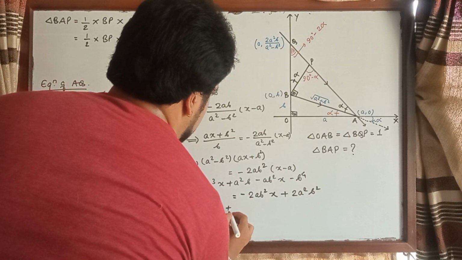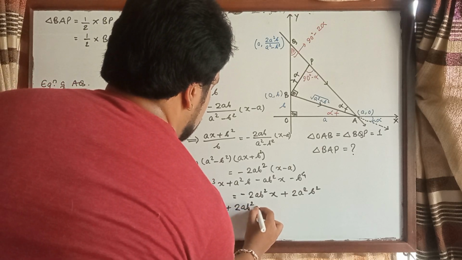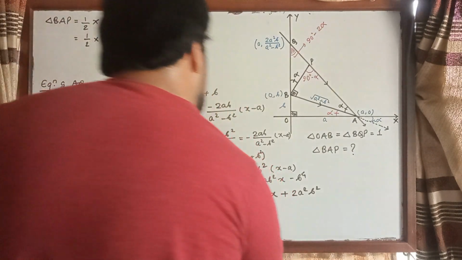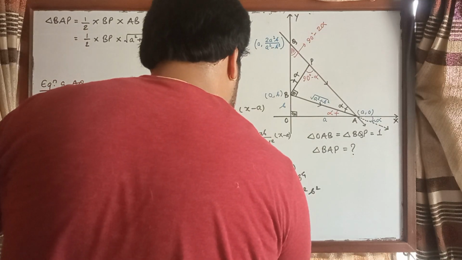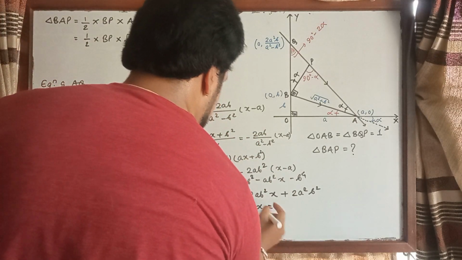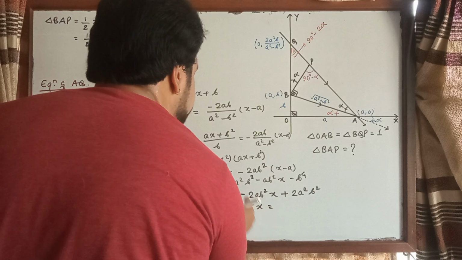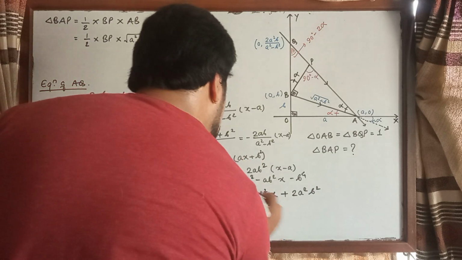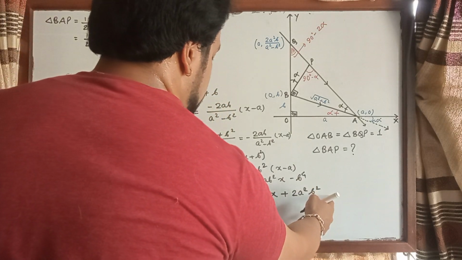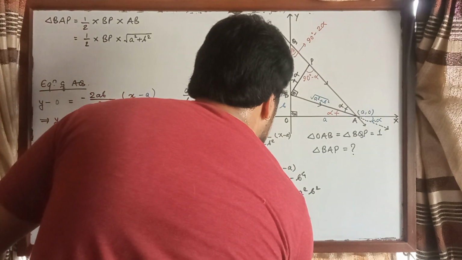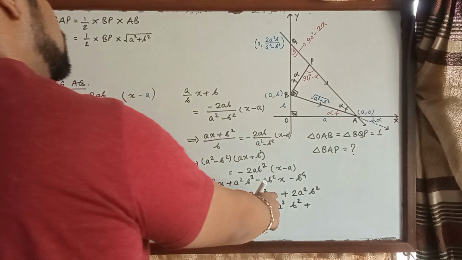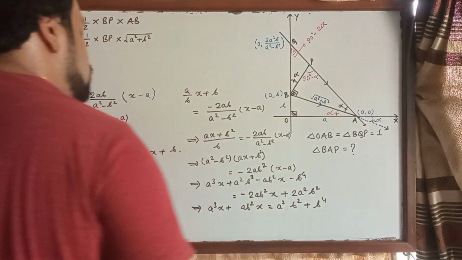Then we get a cubed x plus twice ab squared x minus ab squared x equals, since I made a mistake right here, twice a squared b squared, and this a squared b squared, if we take it to this side, we get a squared b squared plus b raised to the power 4.